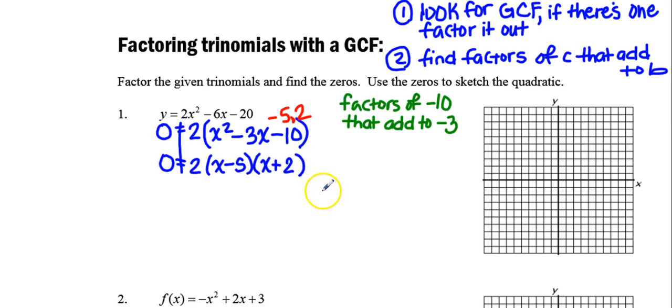So now let's just take a second to go back and see what we've done so far relative to those steps that we wrote on the first part of our notes. We set it equal to 0, and factored out the GCF.